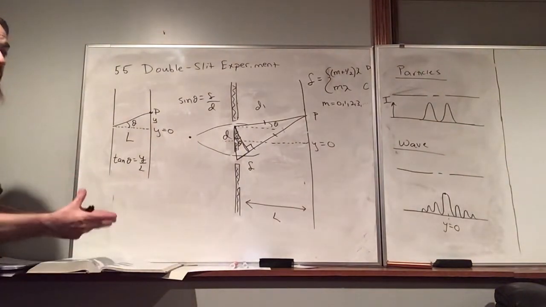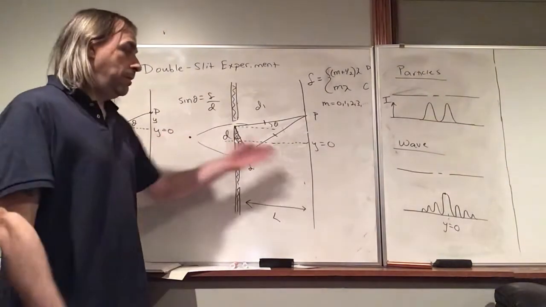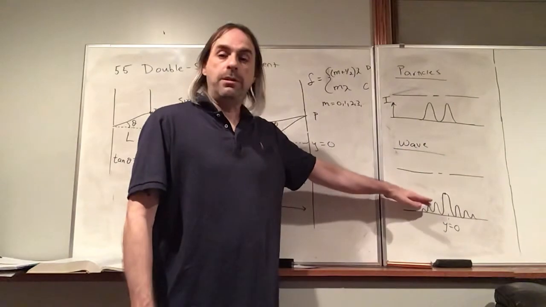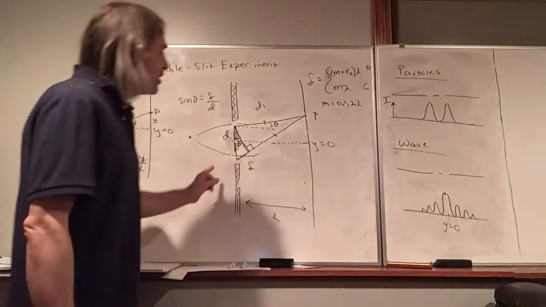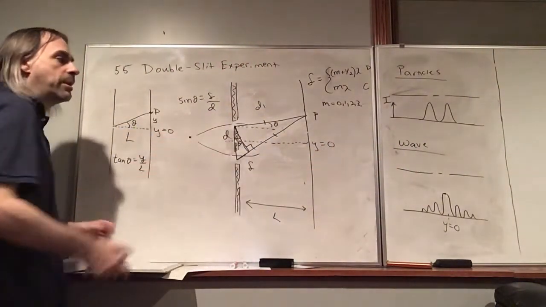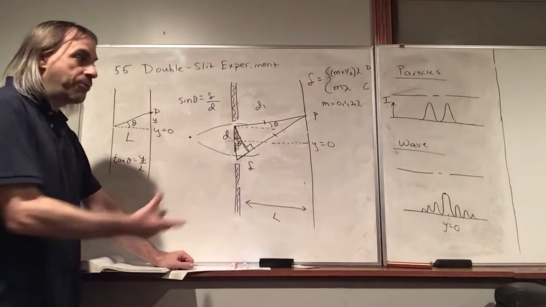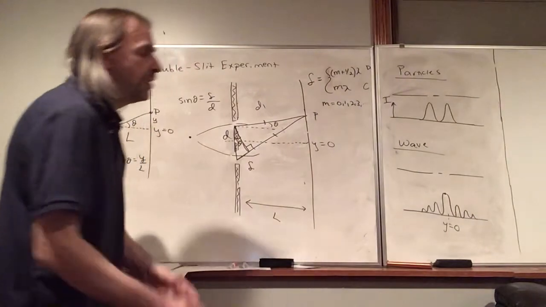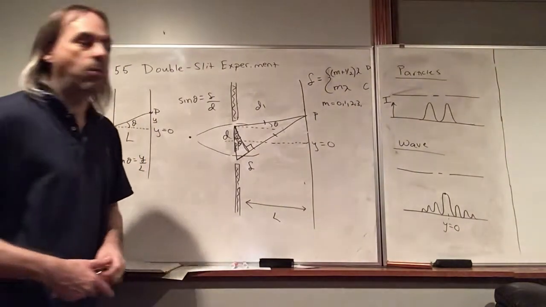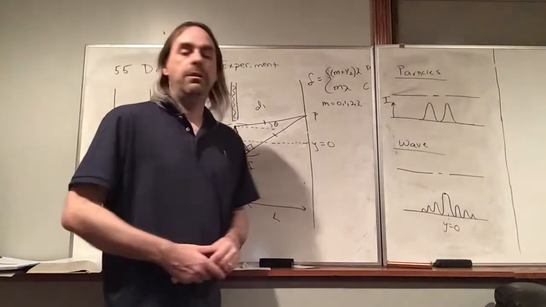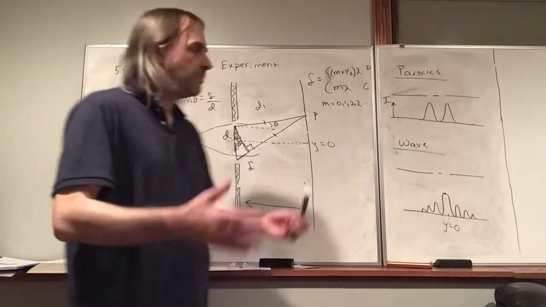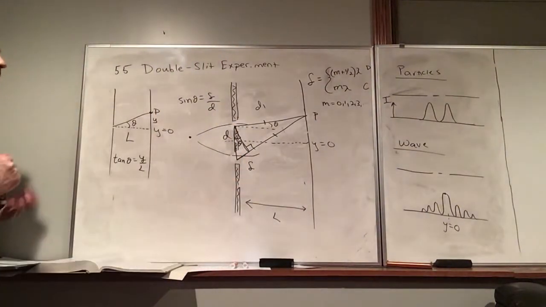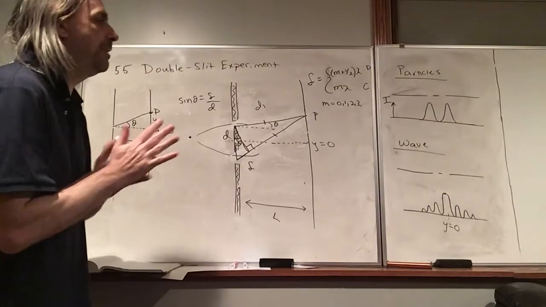If you're not paying attention to it, it's going to produce a pattern like this. But if you watch what it's doing and try to figure out which one it's going through, it's only going to go through one, and it's going to produce a pattern like this. So if you're not watching it, it acts like a wave. If you are watching it, it acts like a particle. Very strange behavior, this wave-particle duality.